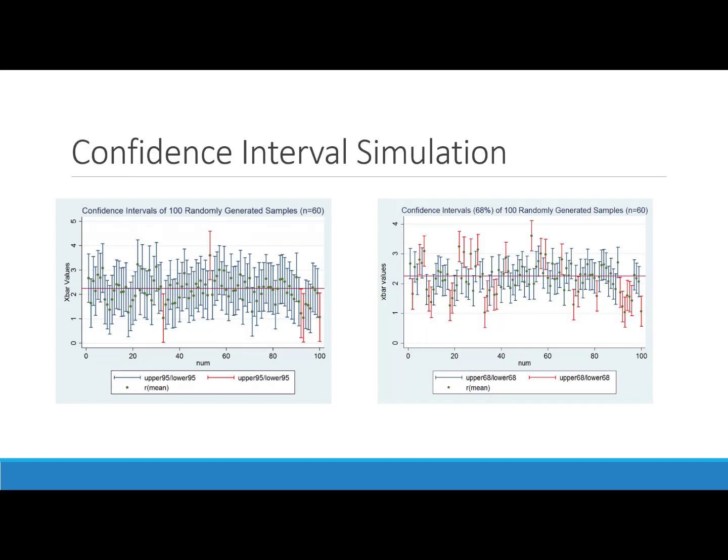One, there are a lot more red intervals that do not include the population mean. Right? We would expect 32 to not be included. And you'll also notice that the width of the confidence intervals is shorter, as one would expect, because the multiplier is going to be smaller.